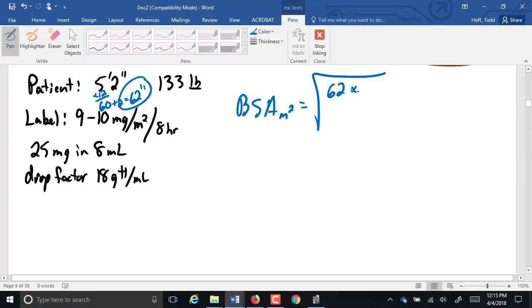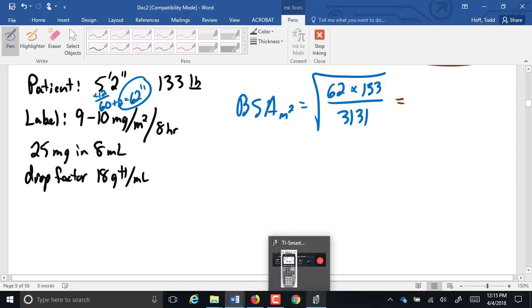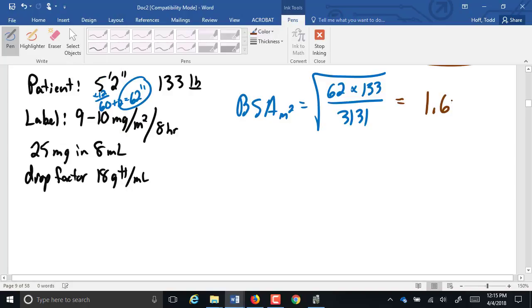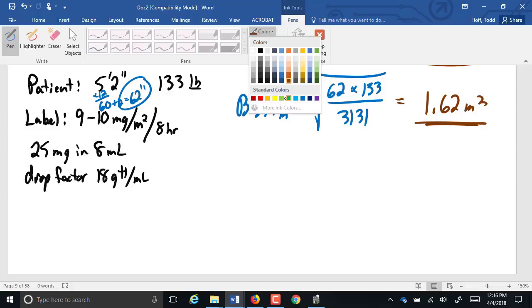So the height is 62 times the weight of 133. Since these are in inches and pounds, this is 3131 down here. So we're going to calculate the square root of 62 times 133 divided by 3131, which gives us 1.62 meters squared. So that's our body surface area.